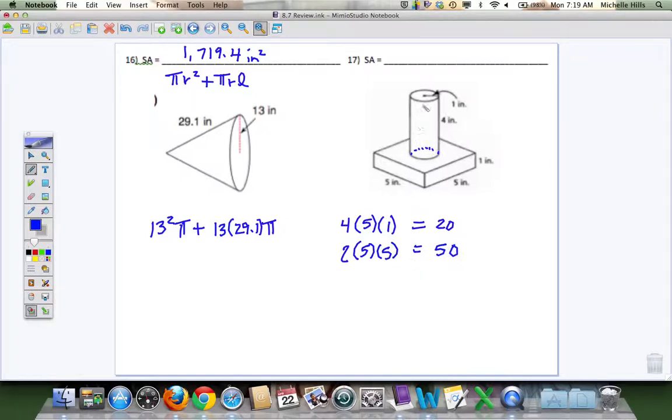And then the sides of the cylinder are exposed, so that's the circumference of the circle, 2 times the radius times pi, and then times the height, which is 4. So that's going to give me about 25.1, again, because I'm supposed to round to the nearest tenth. When I add those together, I get 95.1 square inches.